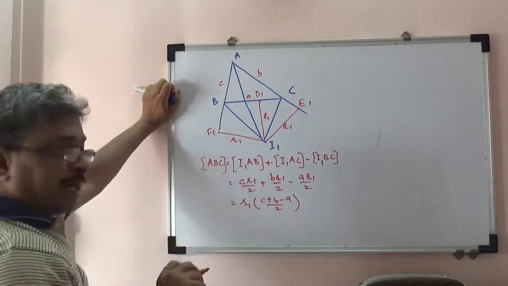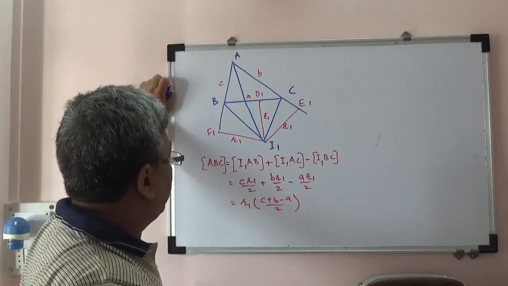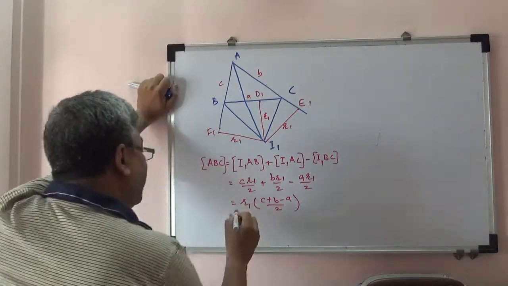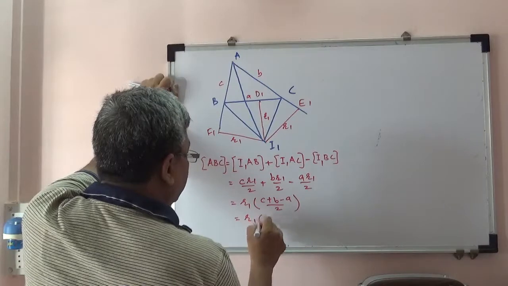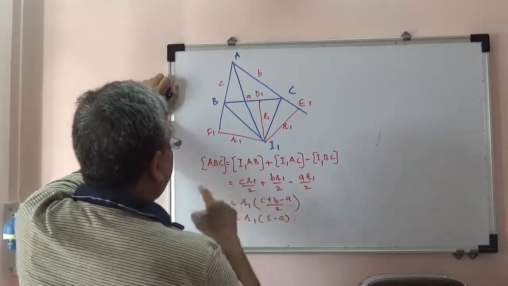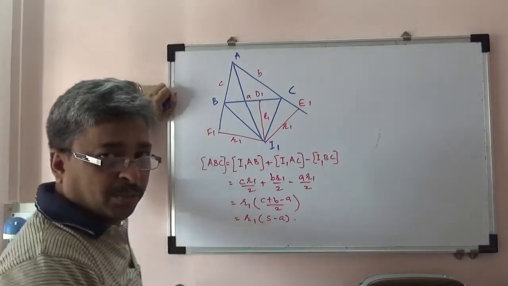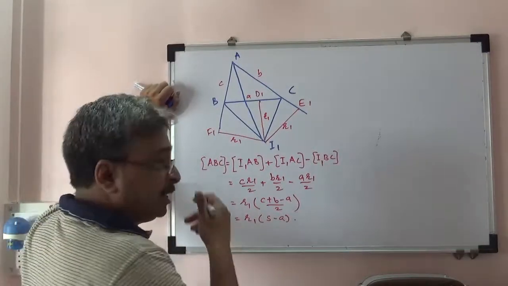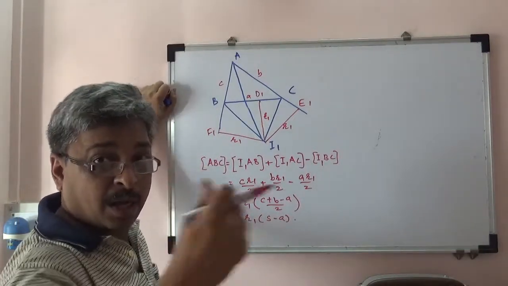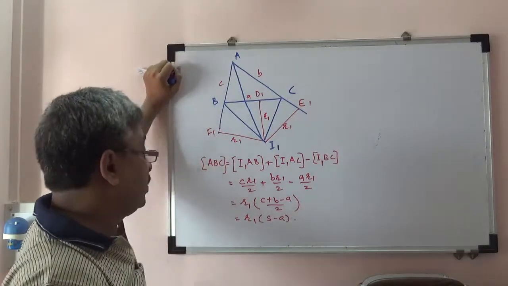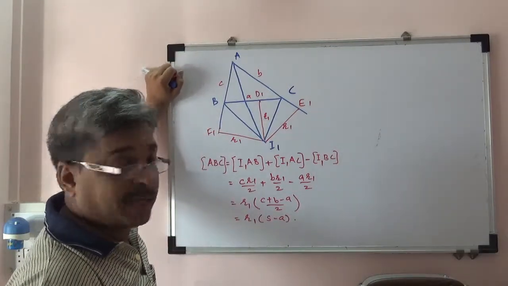And in the last lecture, when we proved Heron's formula, we said that this identity is R1 into S minus A. So we have yet another formula for finding the area of triangle ABC, using R1, the radius of the excircle opposite to angle A, which is R1 into S minus A.